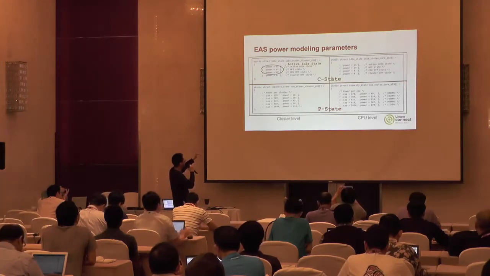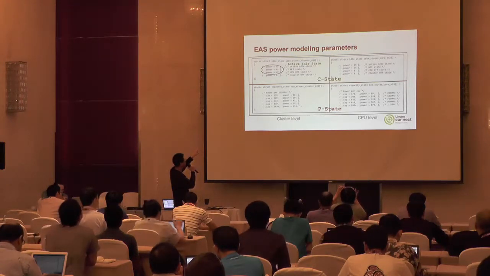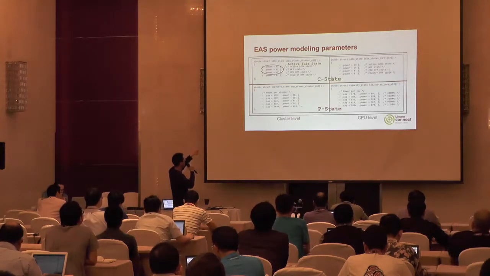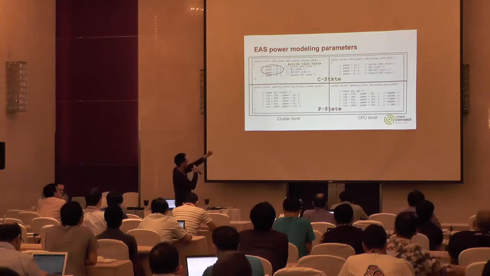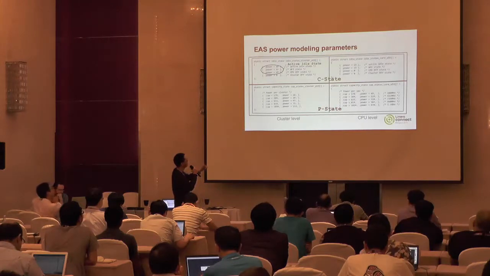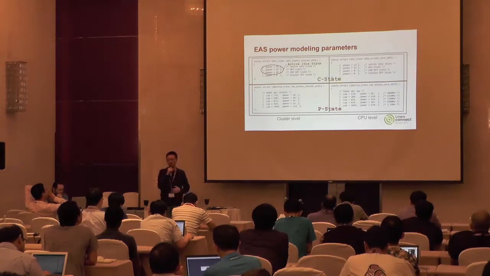For the C state, the active idle state is special for the cluster level. For the CPU level, they also have two tables, one for the idle state and one for the P state. So these are just the parameters generated for EAS. For this table, any questions?